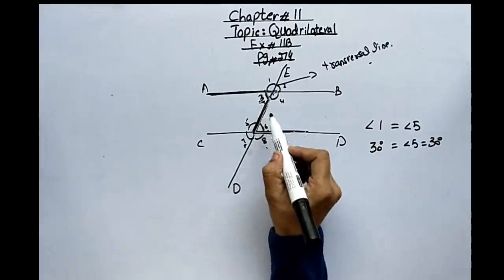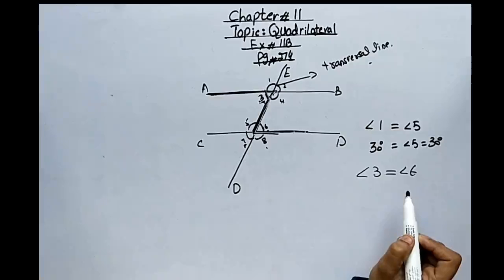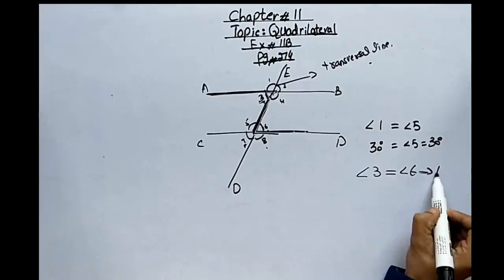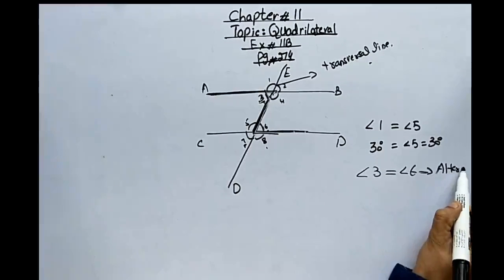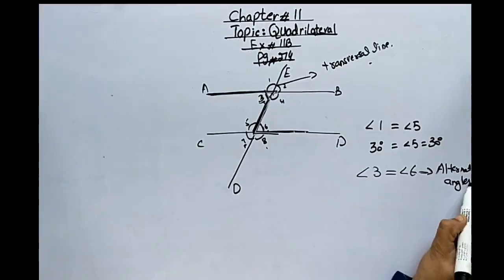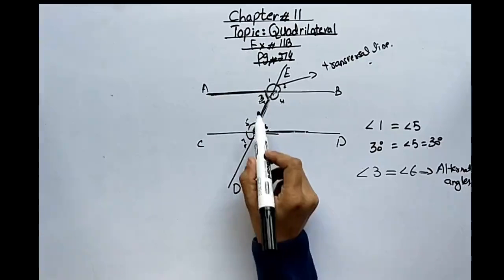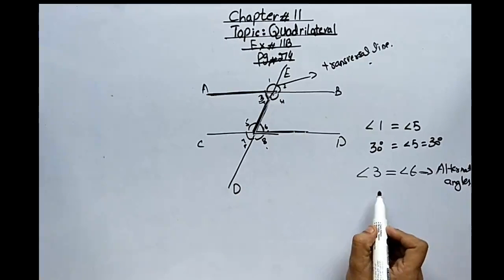So angle 3 and angle 6 are equal, and these two angles are called alternate angles. Both angles are alternate to each other and they are equal in measurement.